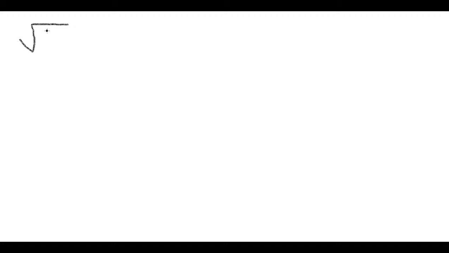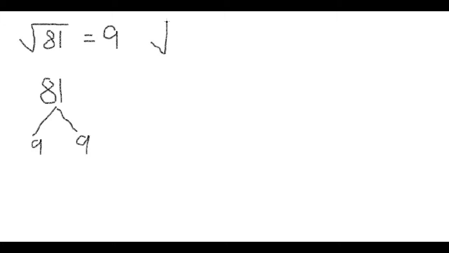So the square root. What the square root is, we're trying to figure out what number times itself will give us 81. That is called the square root. So when we put 81, we see that 81 has two factors, 9 and 9. So the answer would be the square root of 81 equals 9. Now also, if we were to put, let's say, what is the cubed root?